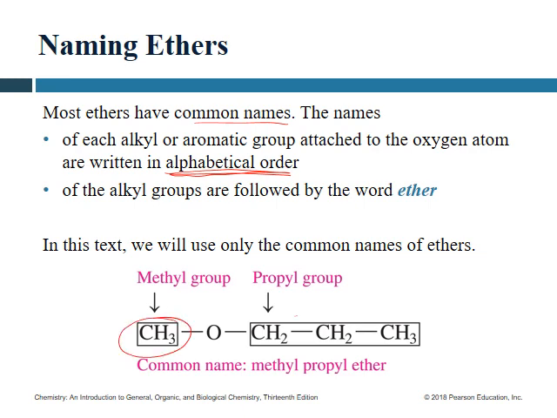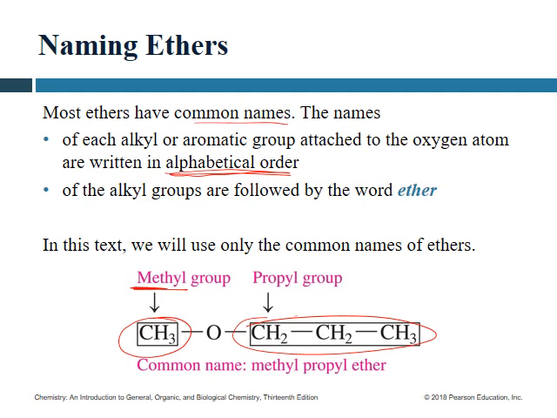On one side of oxygen we have a methyl group, on the other side we have 3 carbons, which is a propyl group. So now how do we name it? We are going to name it by alphabetical order. Based on that, methyl comes first, so it would be methyl propyl ether. So for ethers we are not going to worry about IUPAC names, we are only going to look for the common names.